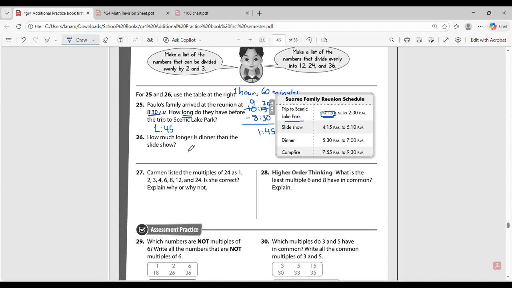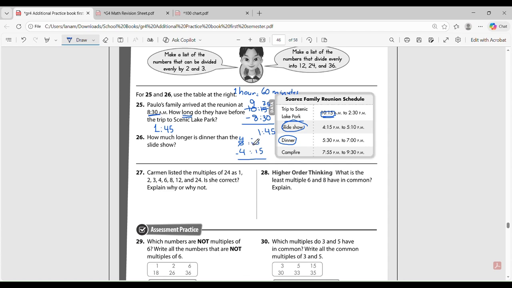Now 26. How much longer is dinner than the slideshow? So we need to find the duration of time that the dinner took and the duration of time that the slideshow took. Let's start with the slideshow. The slideshow ended at 5:10 and started at 4:15. Let's subtract. Now 10 minus 15 we cannot. We will borrow from the hours. I'll take 1 hour. It will become 60 minutes.